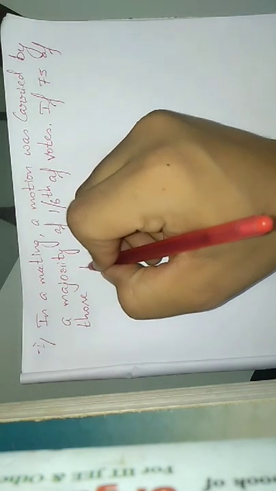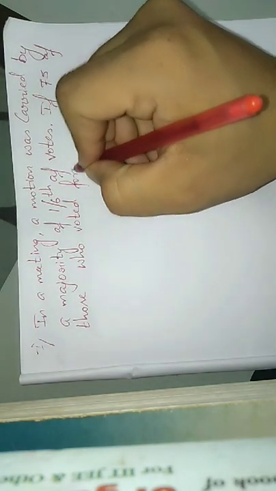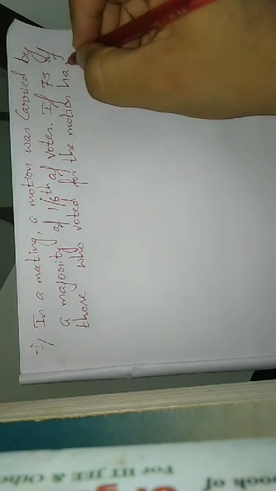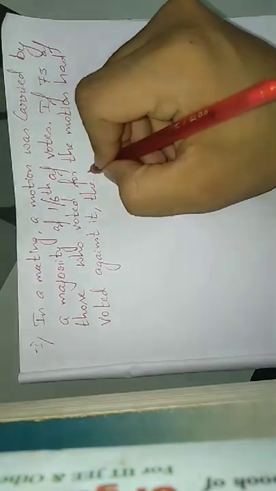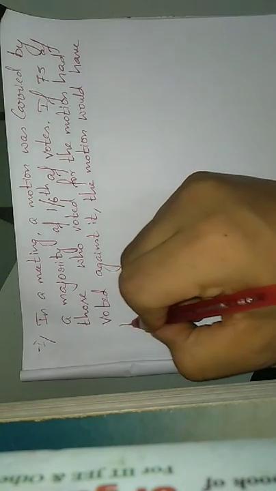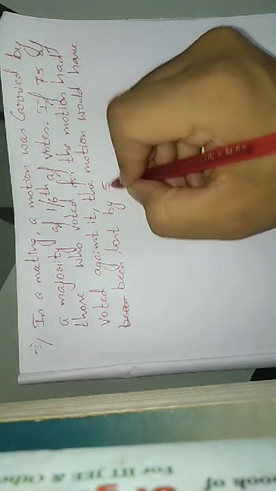If 75 of those who voted for the motion had voted against it, the motion would have been lost by 50 votes.